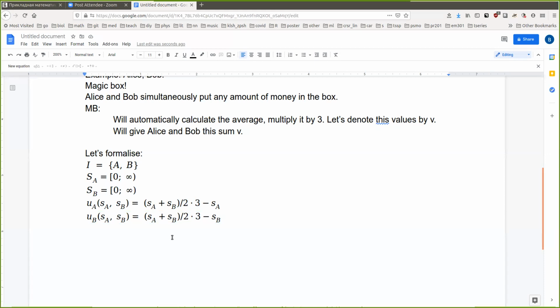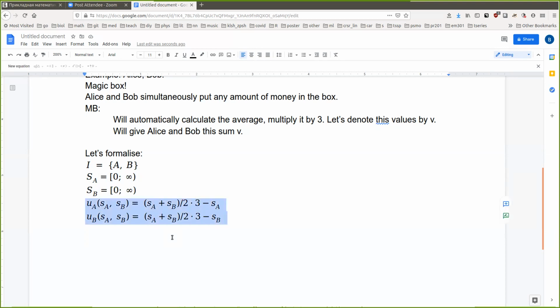Okay, and let's try to predict what will happen. So that's a formalization. So to formalize a simultaneous game, what we need. So the first process is finished. So we try to say, what is a set of players? What are the available choices for each player?